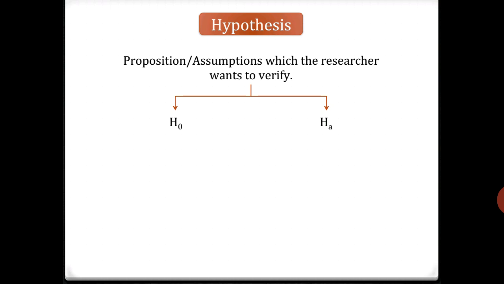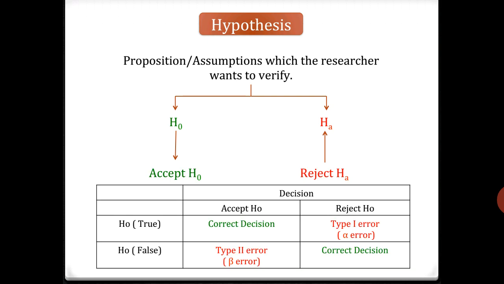There are two conditions for acceptance or rejection of hypothesis: when we are accepting the null hypothesis, at the same time we have to reject the alternate hypothesis. In the second case, if we are rejecting the null hypothesis, it means that we have to accept the alternate hypothesis.